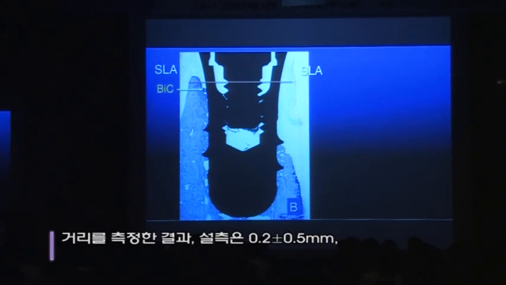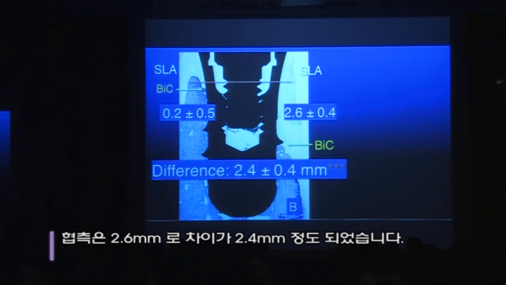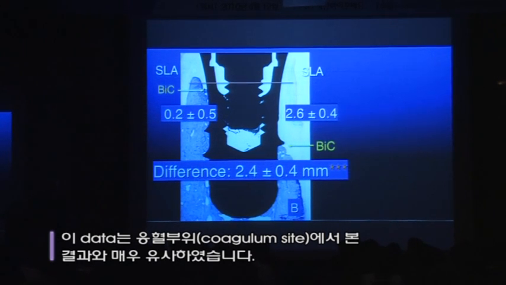On the lingual surface, this distance is 0.2 millimeter. And on the buccal surface, this distance is 2.6 millimeters, which makes a difference of 2.4 millimeters. In other words, very, very similar to what we found in the coagulum site.